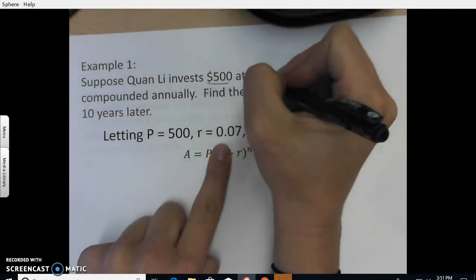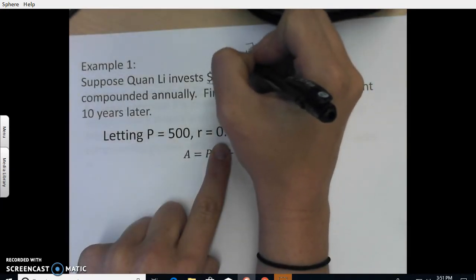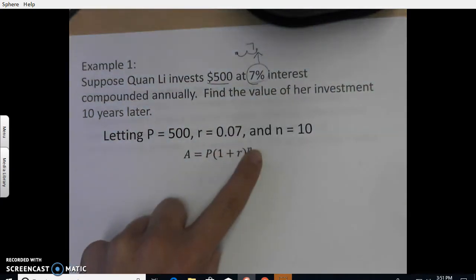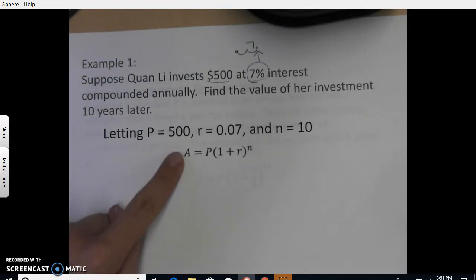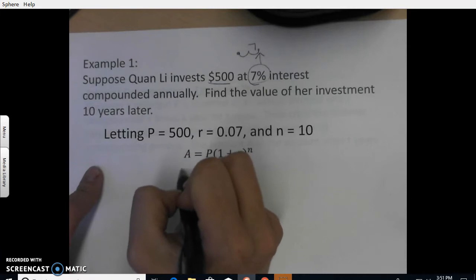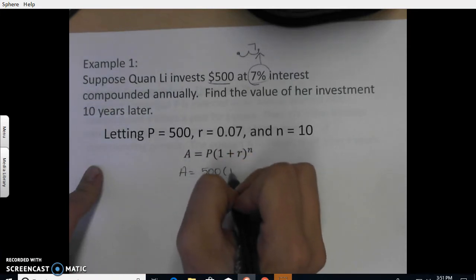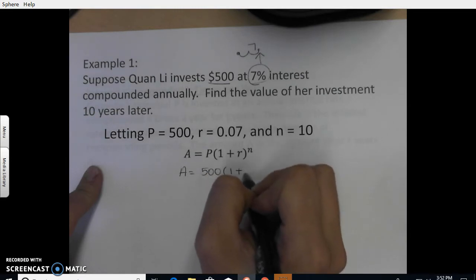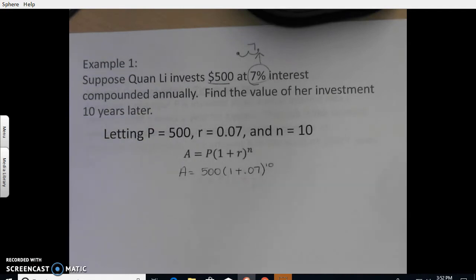R, we don't want percent, we want the decimal, so 7, we move it over twice, 0.07 as our rate, and n is 10 for the number of years later. We plug it into our formula. A is equal to 500 times 1 plus 0.07 to the 10th power.